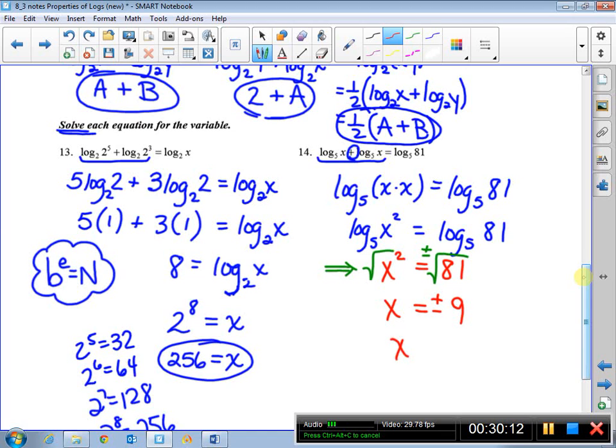But you will learn when we revisit the graphs of logarithms that I can do the log of 9, but I cannot do the log of negative 9. That is not in the domain of a logarithm. So actually this x squared equals 81 just gives us 9.